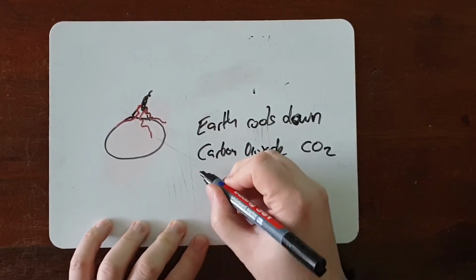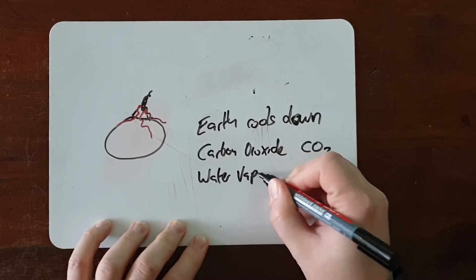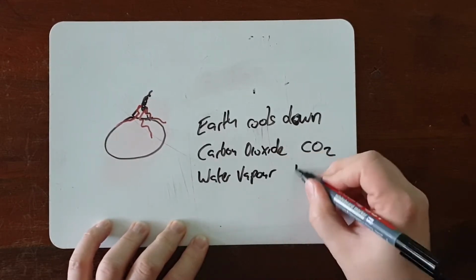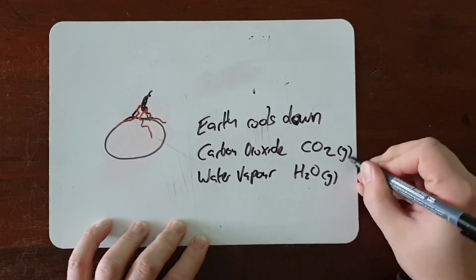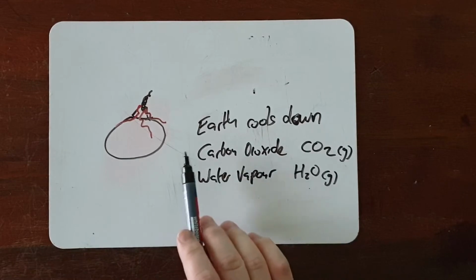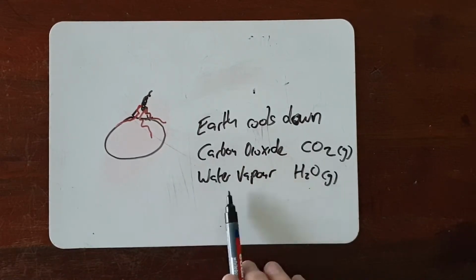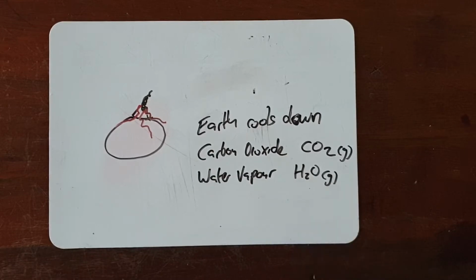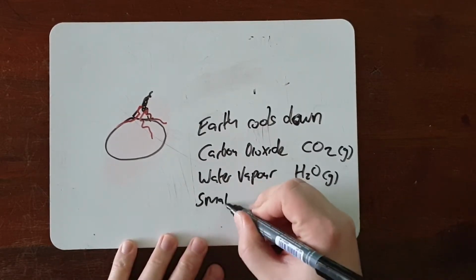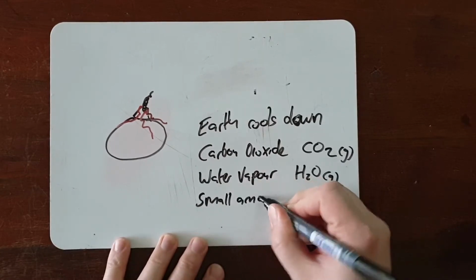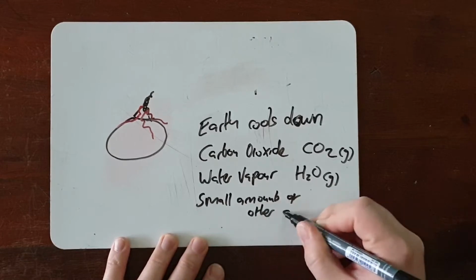Quite a lot of water vapor, not liquid water, water vapor. So H2O, but it's a gas. Carbon dioxide is also a gas. Remember, Earth's cooled down, but it's not at the levels it is now. It's still very hot, so the water is all water vapor as a gas. There are trace amounts of other gases.